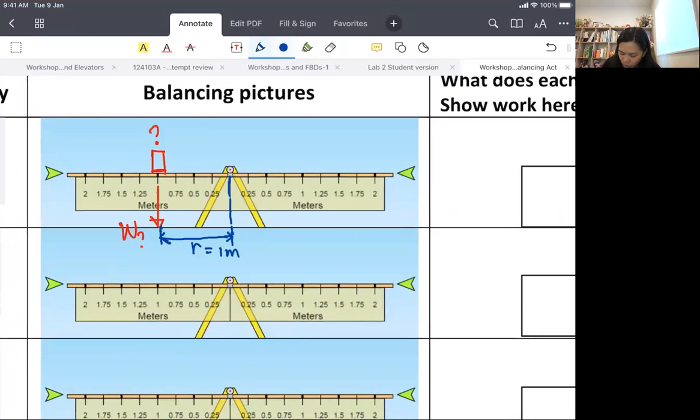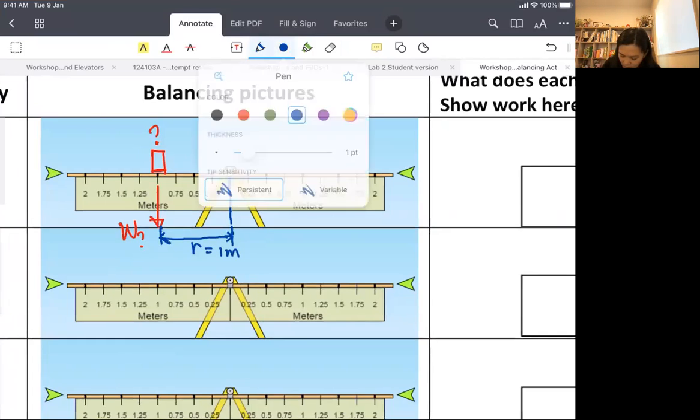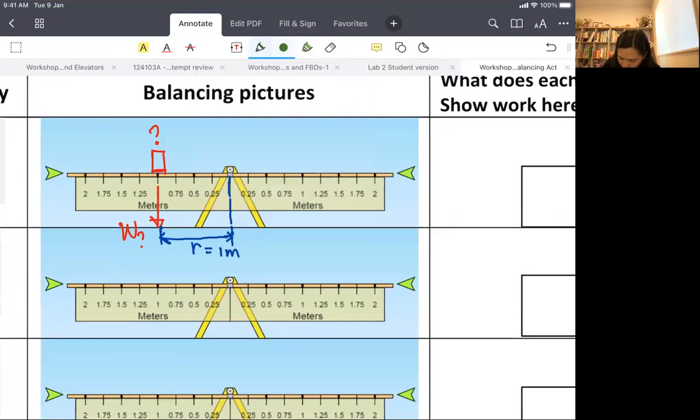Yep, and then correctly we placed the 10 kilogram mass. Where was that? The 10 kilogram mass was here.